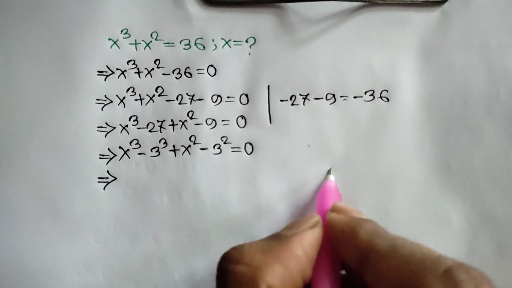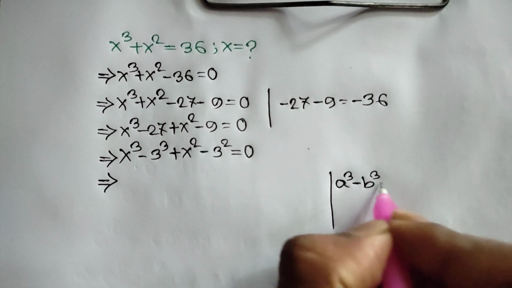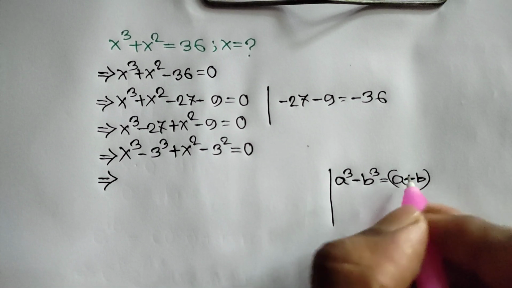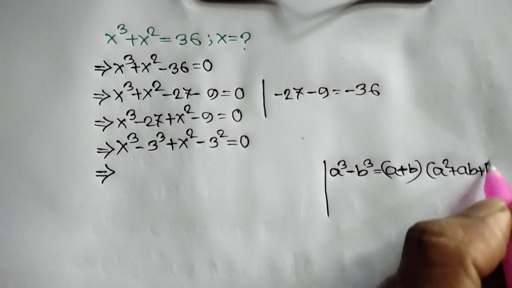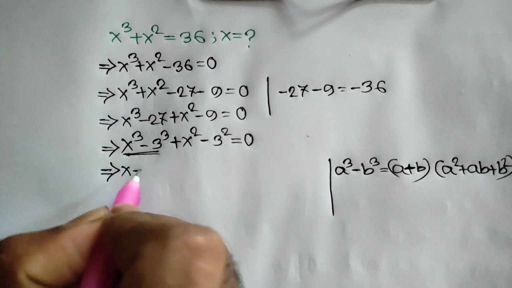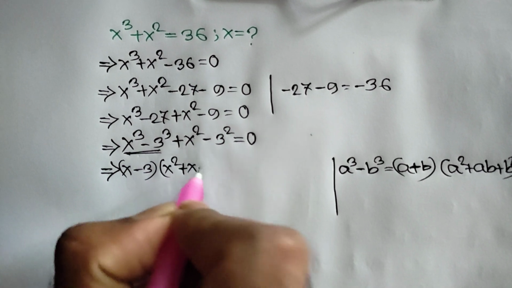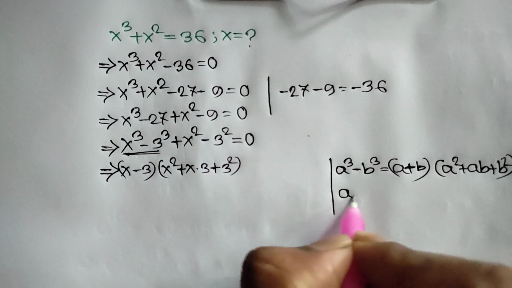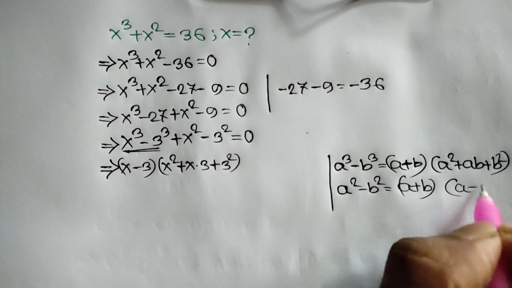We know a cube minus b cube is equal to a minus b times a square plus ab plus b square. So we can write x minus 3 times x square plus x times 3 plus 3 square, and again we know a square minus b square is equal to a plus b times a minus b.